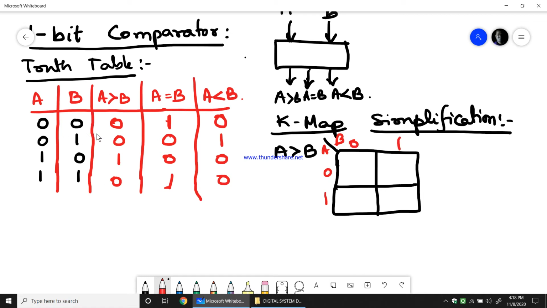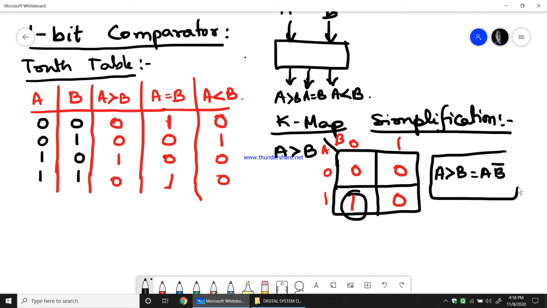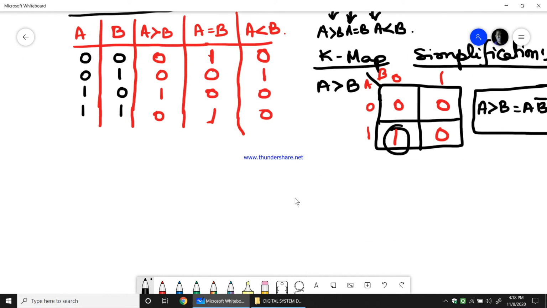It is 0 for 0 0 and 0 1, whereas it is 1 for 1 0, and 0 for 1 1. I have only one 1 here, so I will group only that. Therefore, A greater than B equals A B bar. Then let me go with the A less than B K-map.